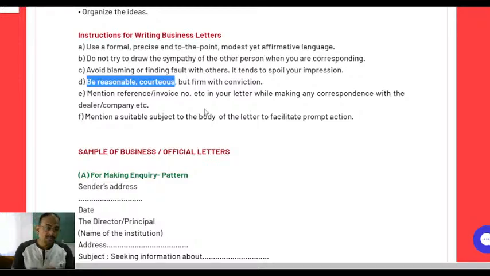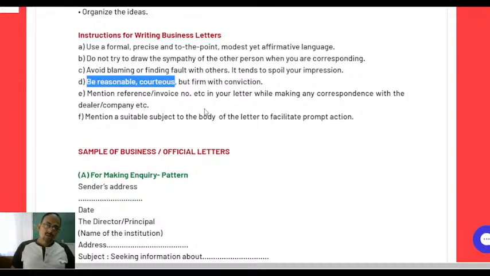Dear students, always remember that whenever you write a business letter, you've got to mention the invoice number or the reference. Whenever you have purchased a product, immediately an invoice number is generated in the system, and this invoice number is also delivered to you on your mail ID by the seller, right?